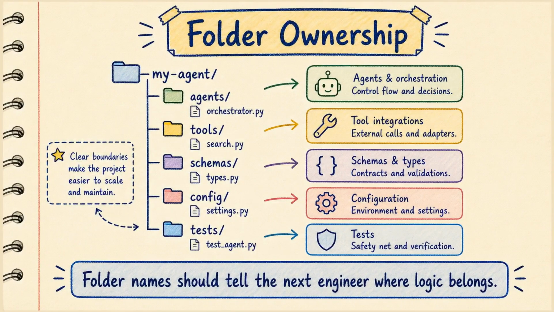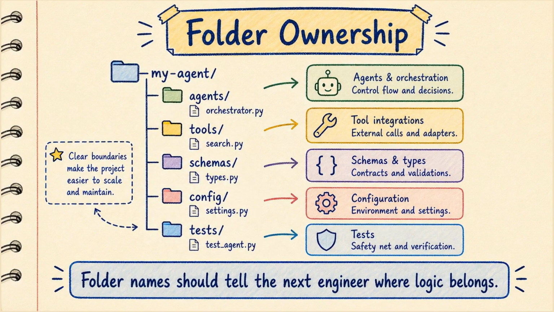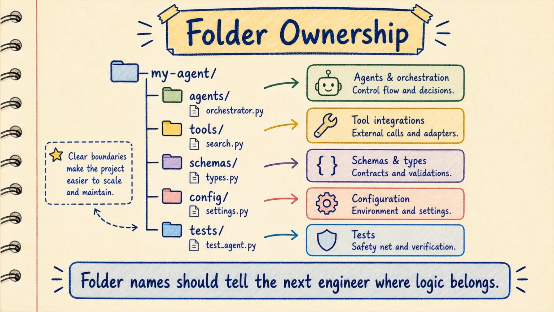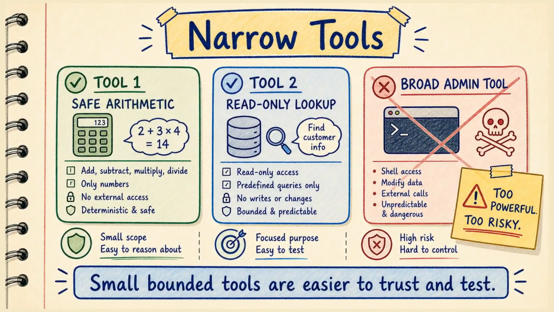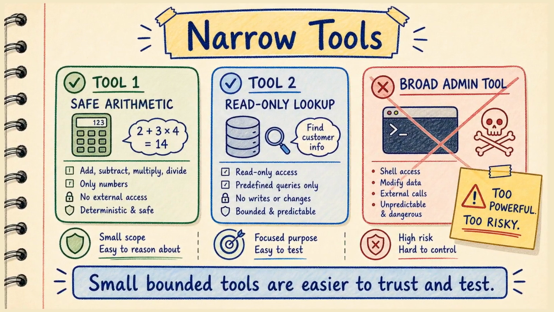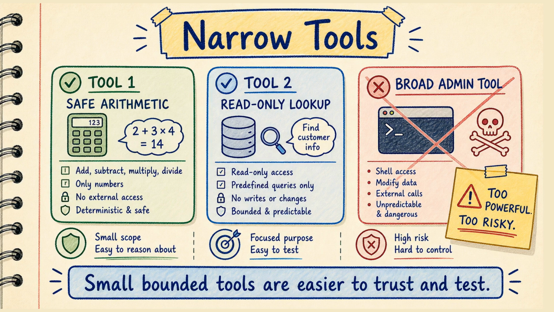Start with folders that make ownership obvious. Agents holds the orchestrator, tools holds integrations, schemas defines typed inputs and outputs, config loads environment variables, and tests protect the behavior. Inside tools, keep each capability narrow. A calculator tool should only evaluate a safe arithmetic expression. A database lookup tool should only read approved records through a parameterized query or a controlled lookup function.